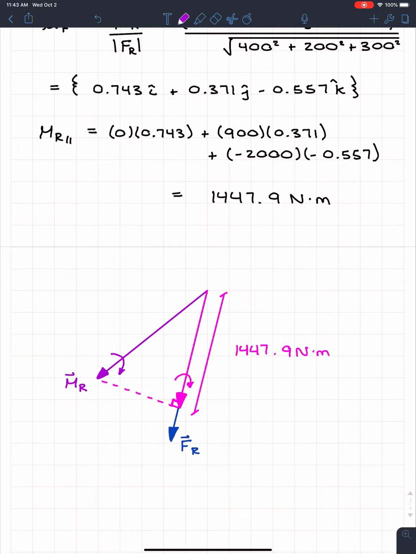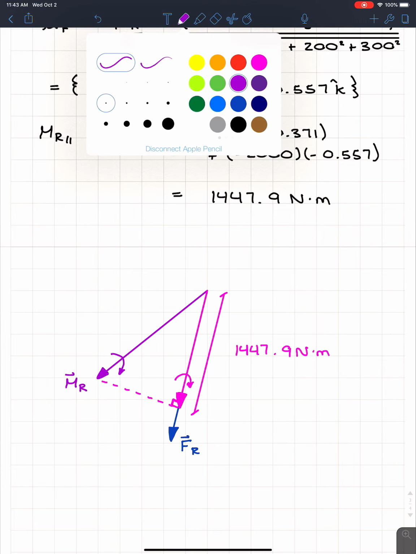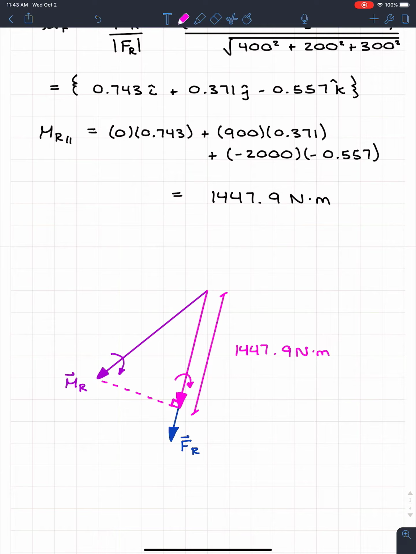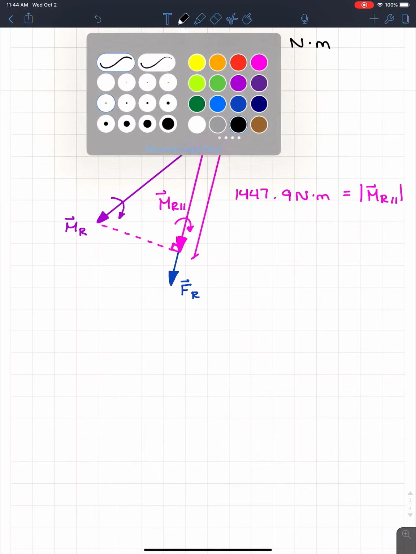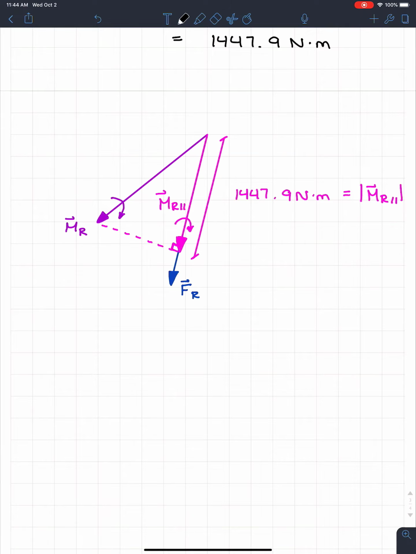So if this is the case, and I know the magnitude of MR parallel, this right here is the magnitude of MR parallel. And I can easily find MR parallel like this, because I know, and this goes for all vectors, not just this one, I can find MR parallel, or any vector, if I just take the magnitude of it and then times that by the unit vector of its direction.